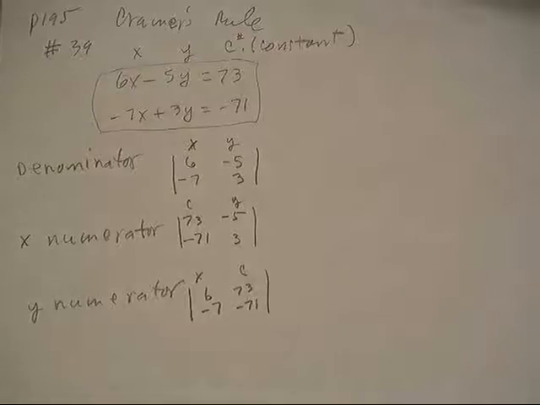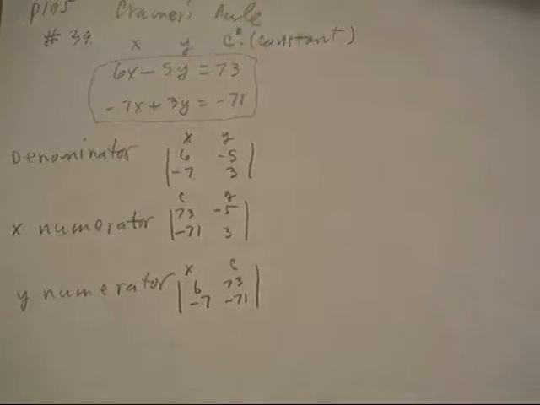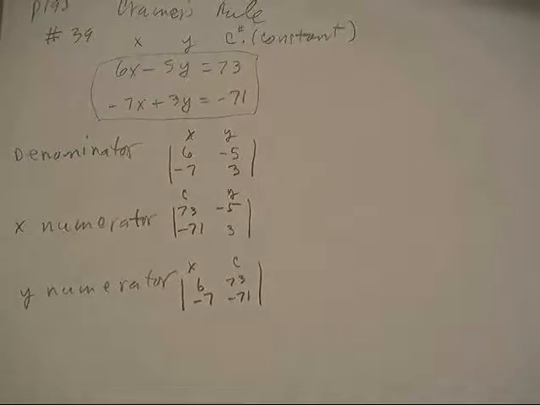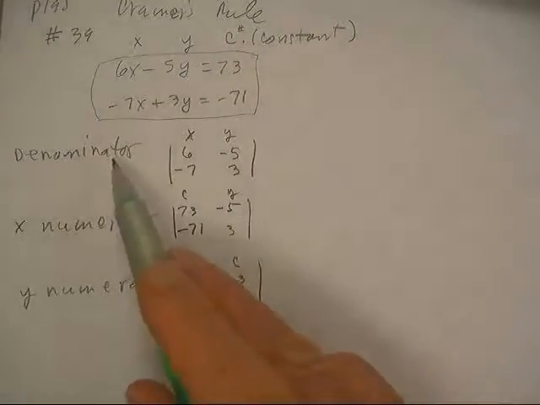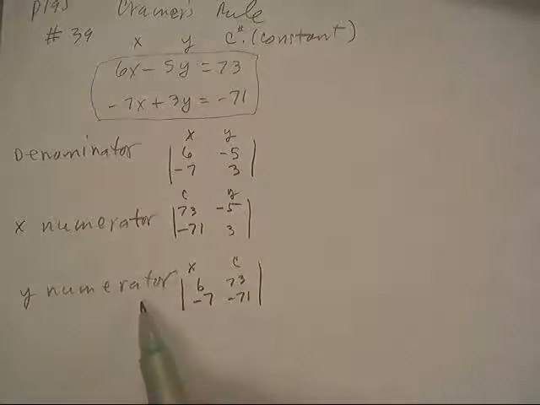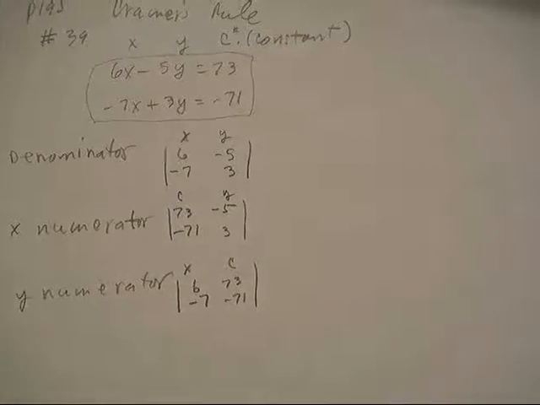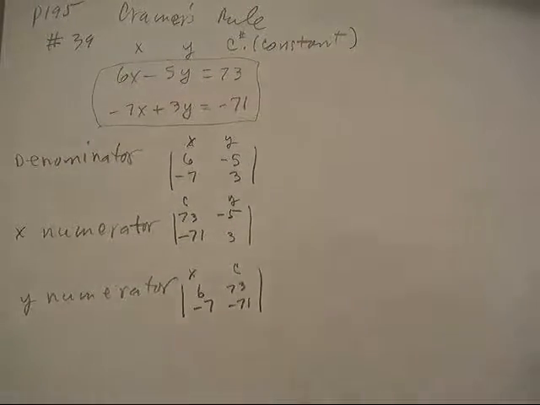So every time you do one of these, you'll write the 3 matrix. And then we do this by hand. And notice when you do this, when you get the denominator, the X numerator for this one and the Y numerator for this one. Then we take those 3 numbers and we make 2 fractions and we're good.